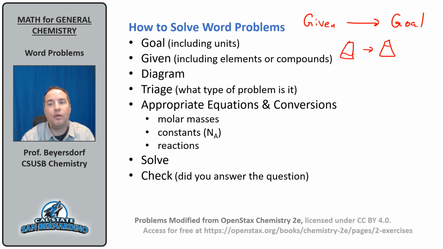Once you know that, you can figure out the appropriate equations and conversions, things like molar masses and constants, such as Avogadro's number, or in some cases, you'll have reactions. And so that reaction is another one of those appropriate equations. Finally, you solve it. And always remember, did you answer the question? Always go back and check and make sure you actually answered the question, including getting the right number of sig figs and the right units.